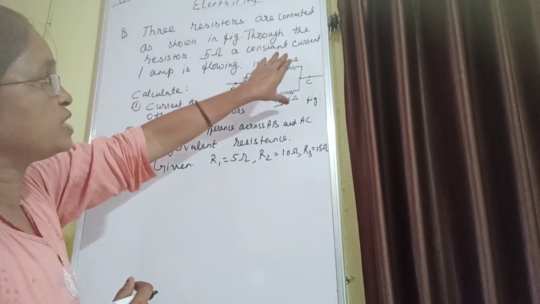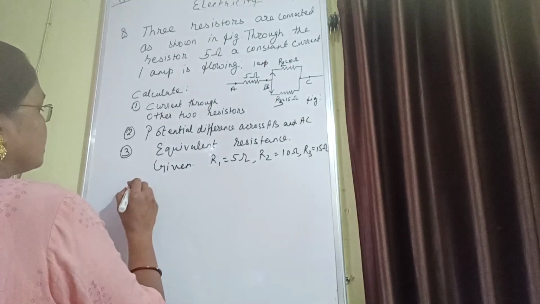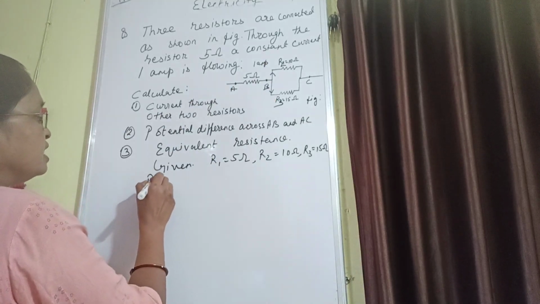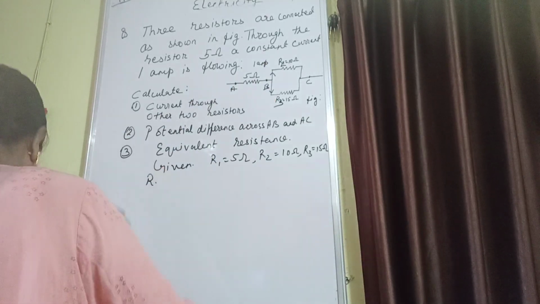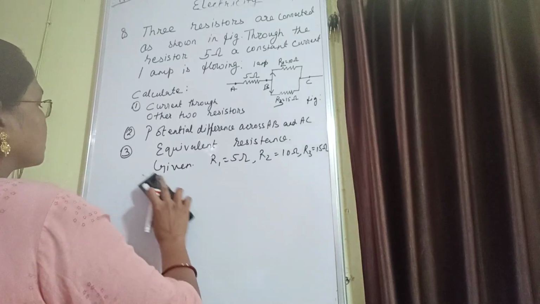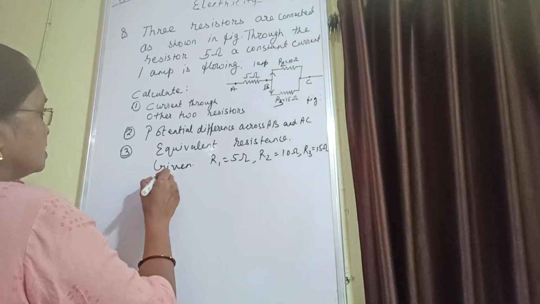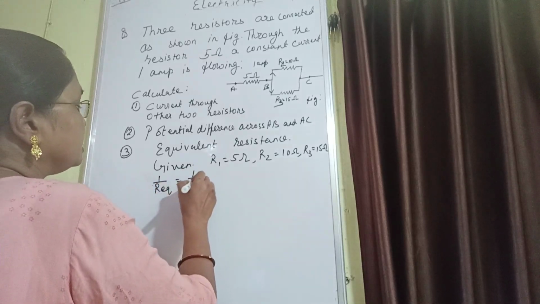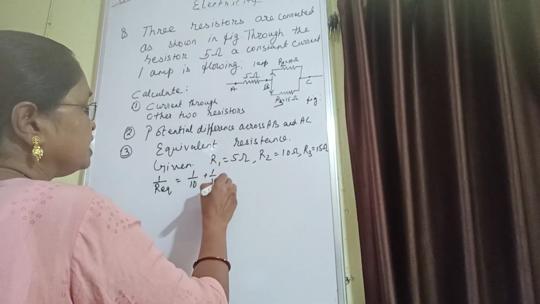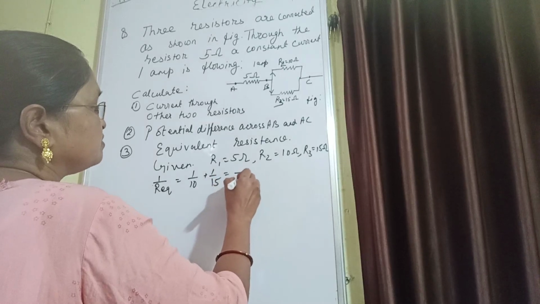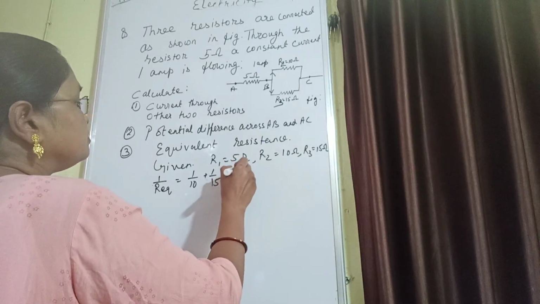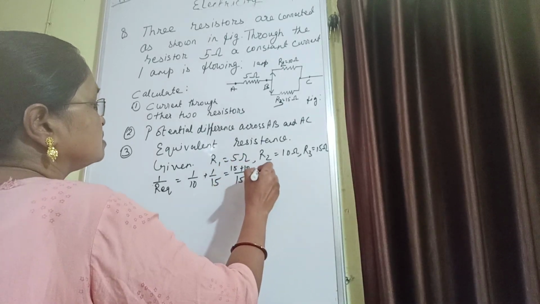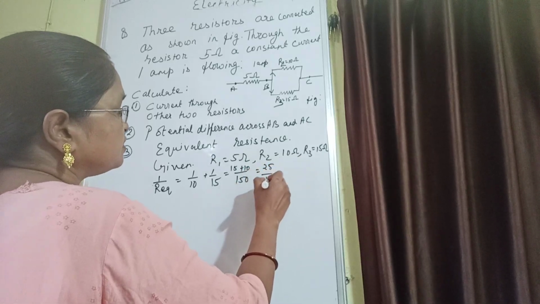So first let us find the equivalent resistance. 1 by R equivalent is equal to 1 by 10 plus 1 by 15, that is equal to 15 plus 10, 25 by 150.